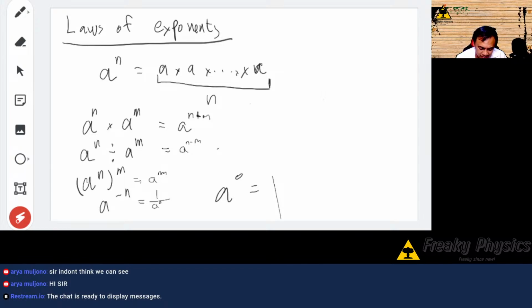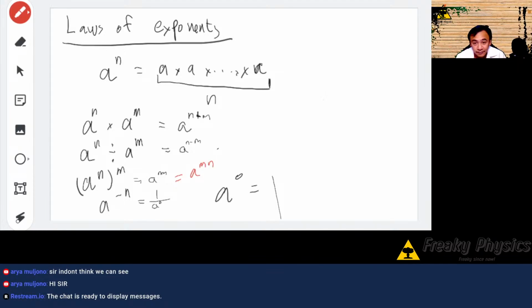But here, a raised to n divided by a raised to m, you subtract the exponents. If you have a number that's already in exponent form, and then you raise that to another exponent, it's the same as saying that. Now, what I didn't write earlier is this is also equal to a raised to m times n.